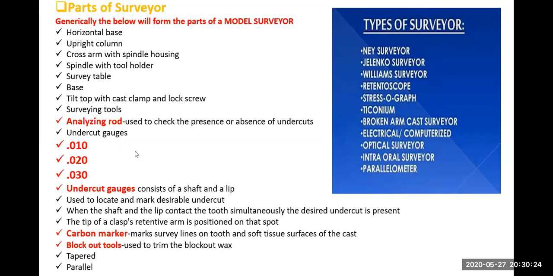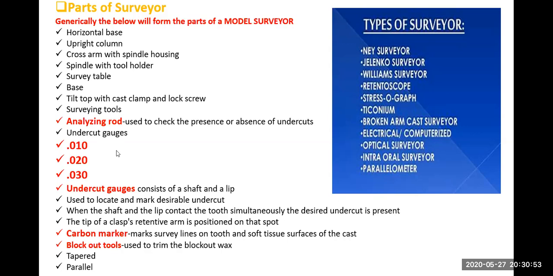Then if you look at the accessories, we have so many accessories. There are five of them. We'll be seeing them in the course of this lecture. But let me mention one. We have the analyzing rod. The analyzing rod helps you to know where the undercut and non-undercut area is and what degree of undercut we have. Then we have the undercut gauges.